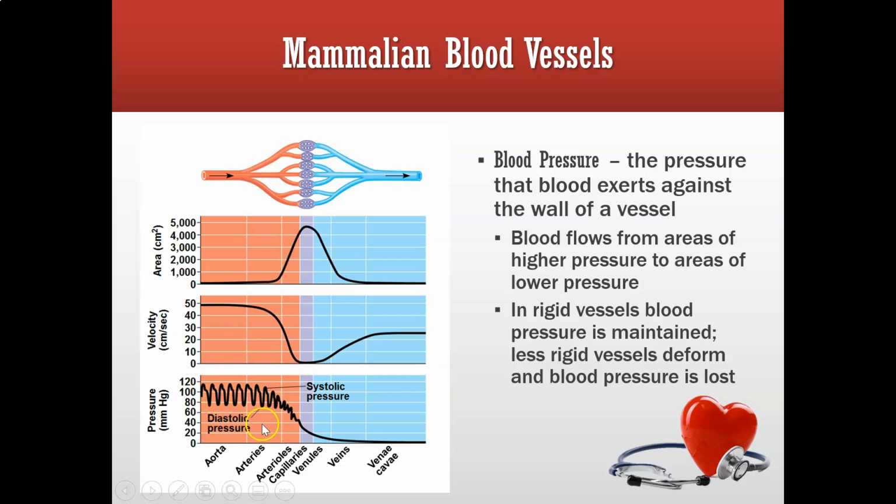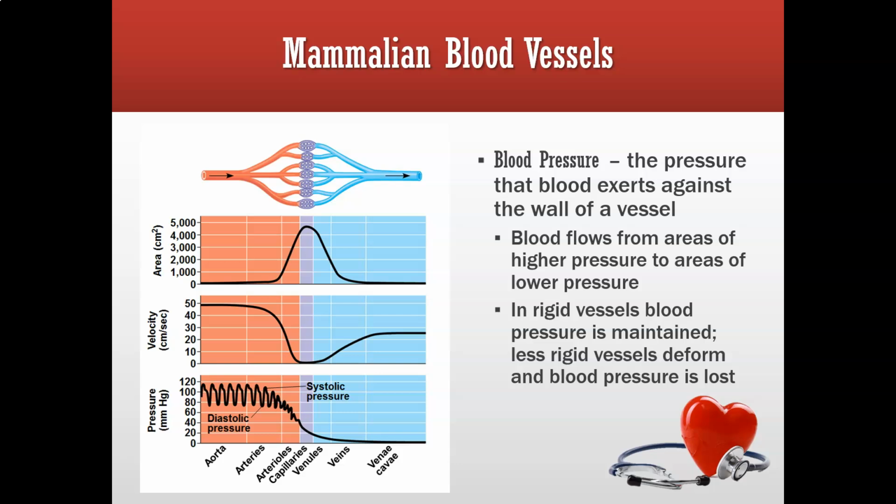And every time your heart pumps, that pressure increases. All right, so your diastolic pressure will drop, right? That's when your heart's relaxing, and then increase when you get those pumps in your systolic pressure. So every time your ventricle relaxes, your blood pressure drops a little bit. Every time that it pumps and goes into systole, you get spikes.